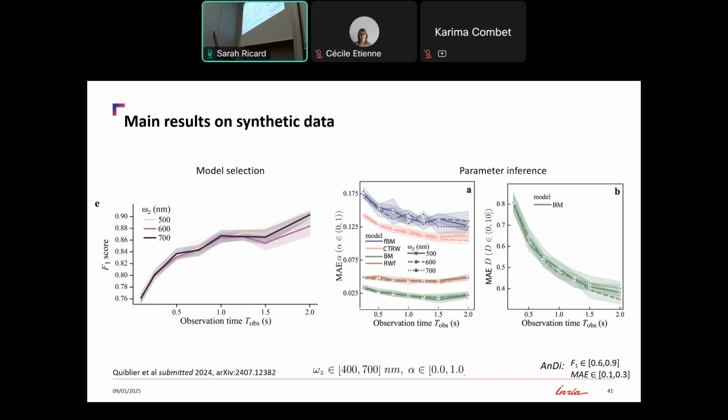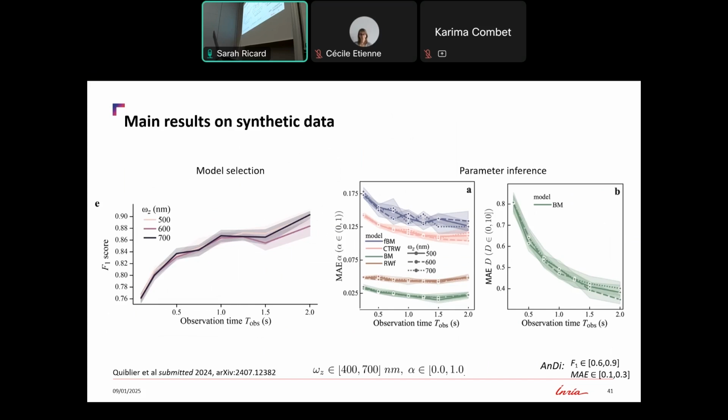Remember, we have between 0.8 and 0.9 in terms of F1 score. In the ND challenge that I showed you for the trajectories, the F1 scores were around 0.6 to 0.9, which is quite similar to what we have. So we are roughly as good or as bad as they are.